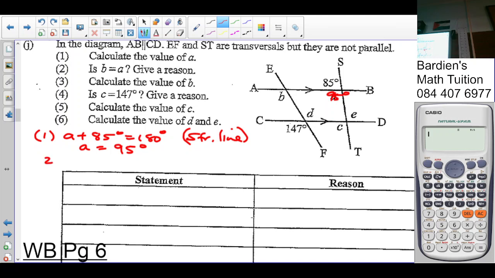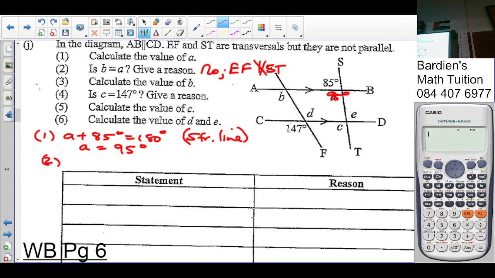Number 2. Is B, which is this one here, equal to A, which is that one there? Is that the case? Is A equal to B? No. Why? EF and ST are not parallel.